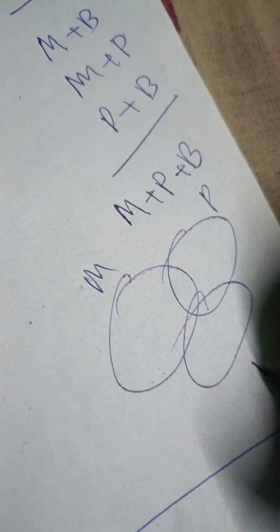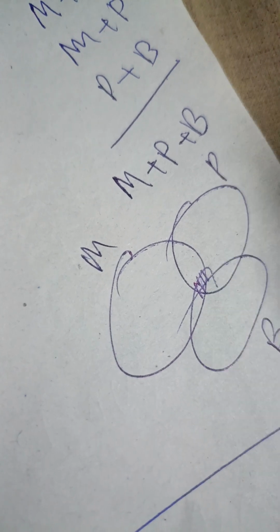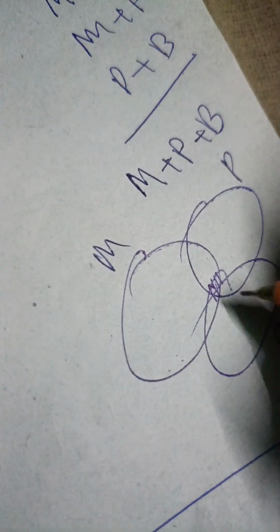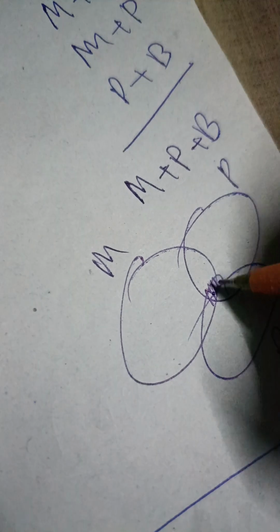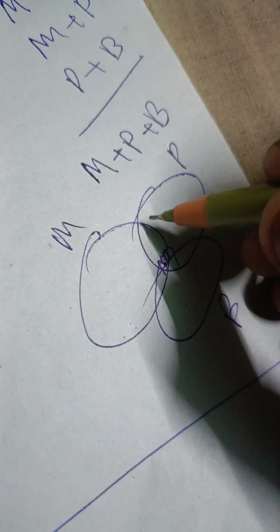To understand it better with a Venn diagram, there are 3 circles: physics, maths and biology. We have to find the section that is the intersection of maths, physics and biology. We have to exclude the other sections. So how can we do that?